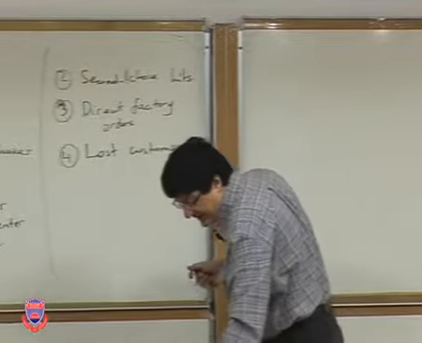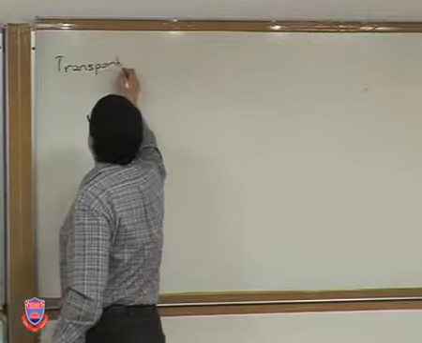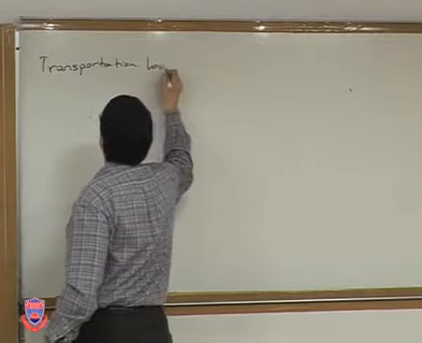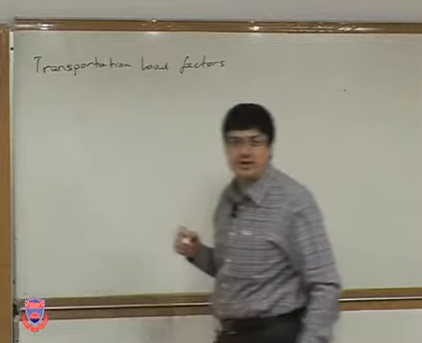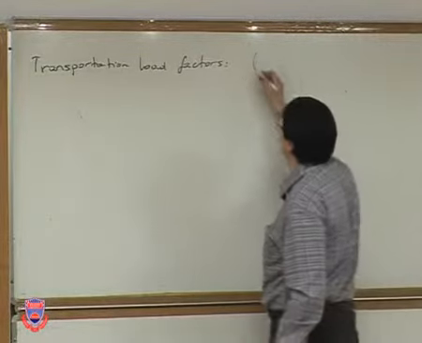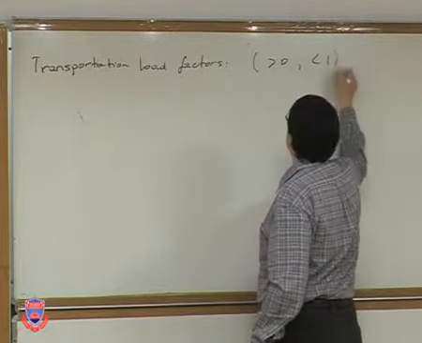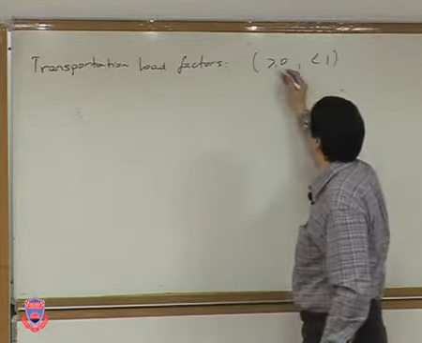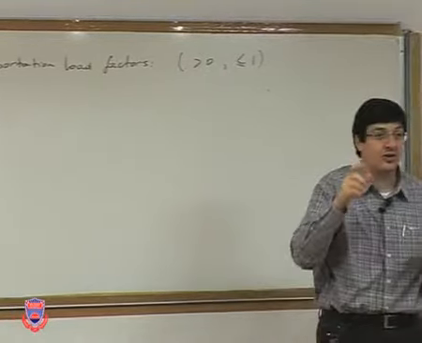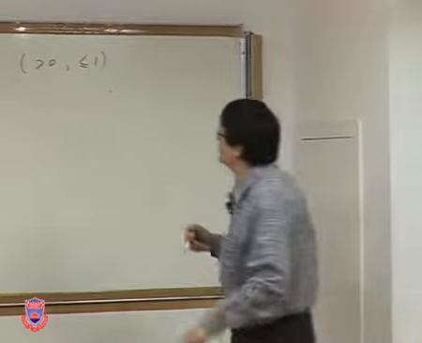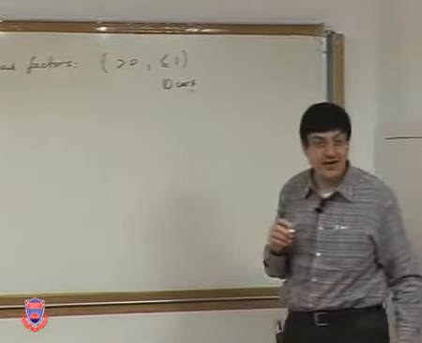It's not very clear. So what we have is the so-called transportation load factors. Now, what do we mean by transportation load factors? This load factor is going to be a number greater than 0 and less than or equal to 1. Well, it can be 1. If it is 1, it means that we are talking about full truck load. So that corresponds to 10 cars in a certain truck.